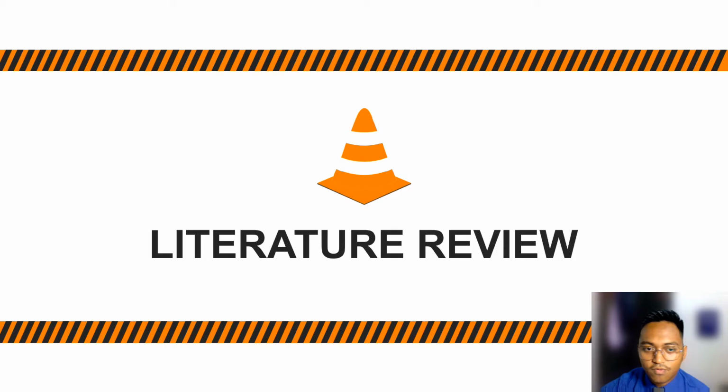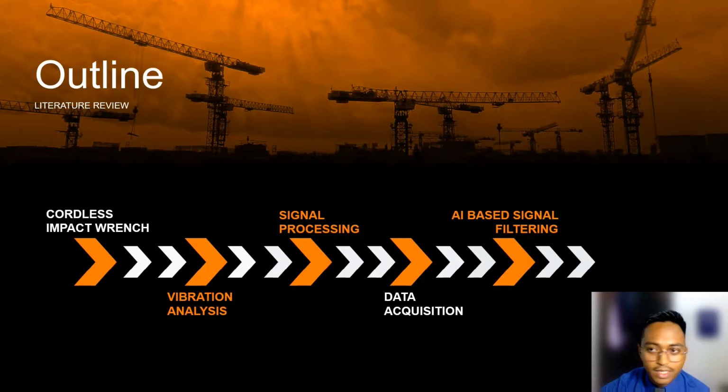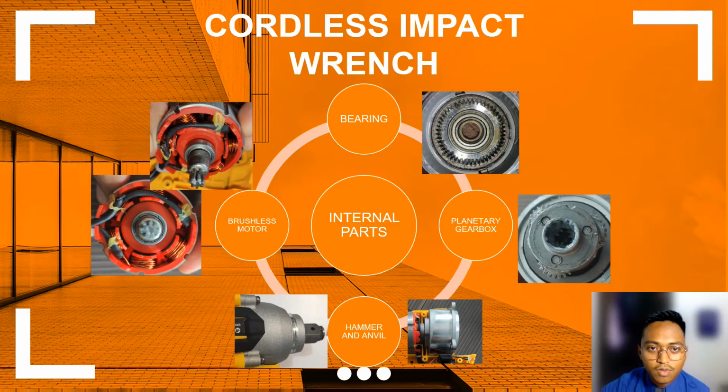Now let's move to the literature review. Here is the outline of my literature review. This one is the cordless impact wrench. In the cordless impact wrench, we need to identify what is in the tool. The first one, we have a bearing here in the gearbox system, and the second one is the planetary gearbox here.